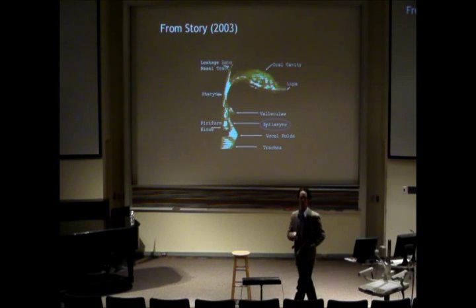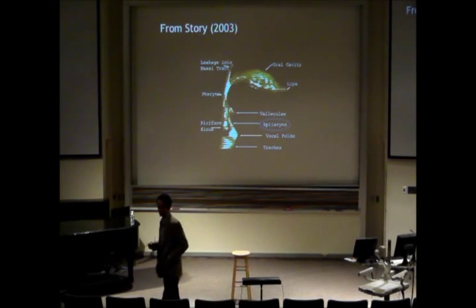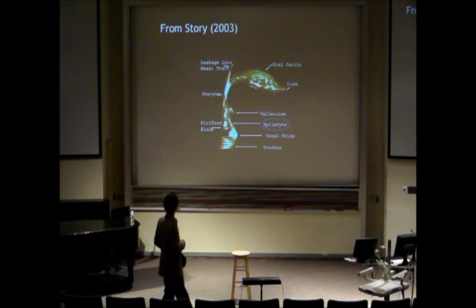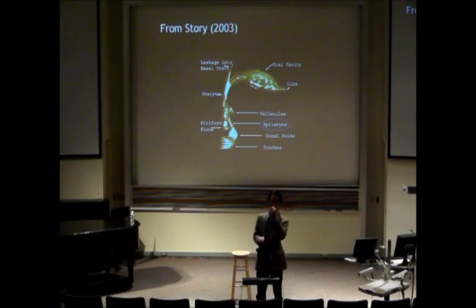And here's this cool picture from Dr. Story's article. I think it's in your bibliography, in your packet, from 2003. This was generated with one of those techniques I mentioned. And this does not have any physiology in it. This is just airspace.